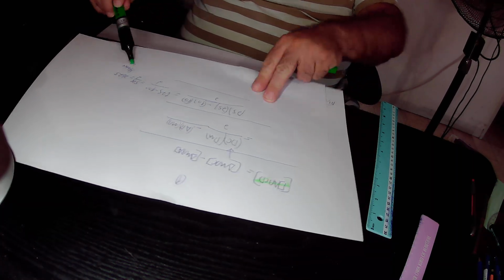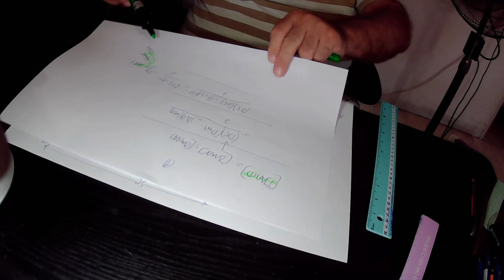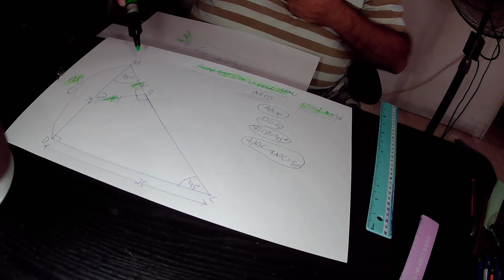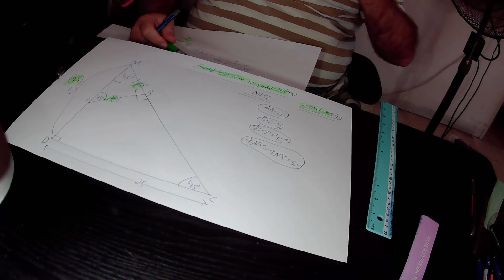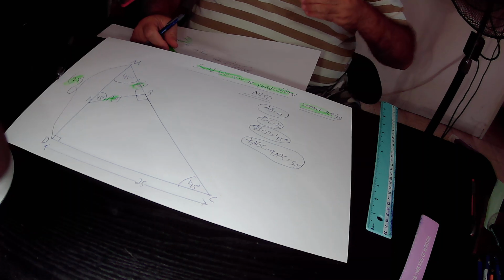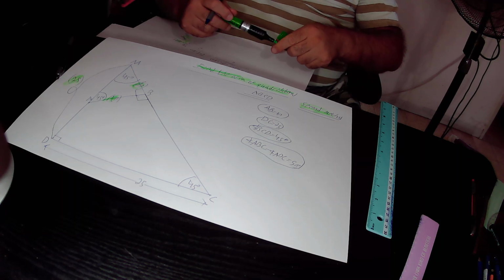So the area that we are looking for in this question, the area of this quadrilateral ABCD, is equal to 262.5 square units.